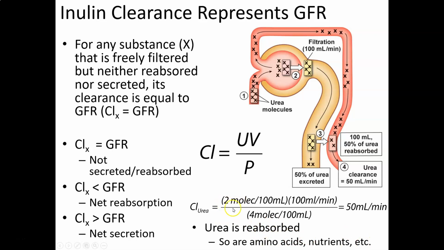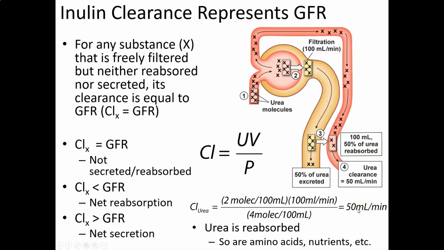Let's say that the urine urea is 2 molecules per 100 mLs, the V is 100 mils per minute, and the P is 4 molecules per 100 mL. So the molecules per 100 mL cancel out. So we get 2 times 100 is 200. Divided by 4 gives me 50 mLs per minute. So we maintain the units, right? So 50 mLs per minute.